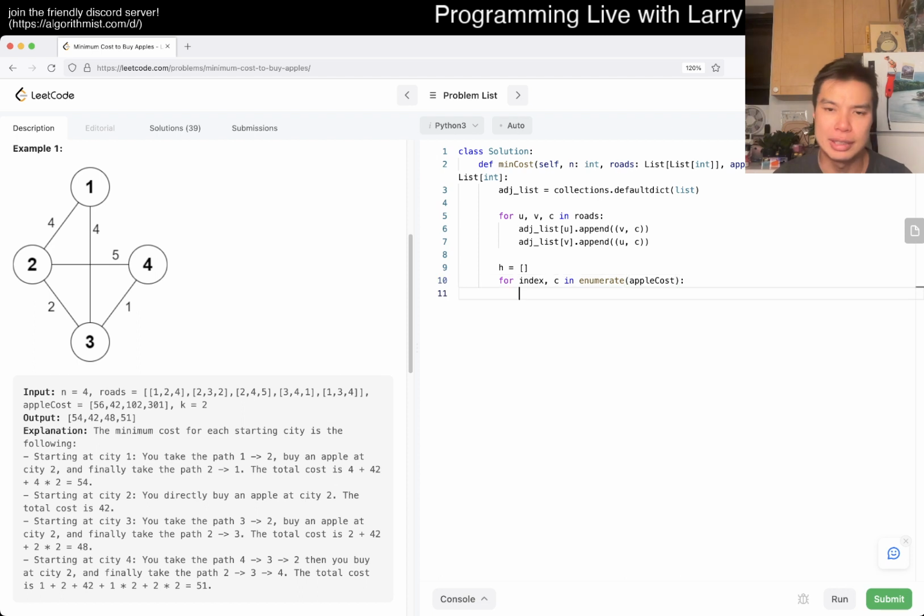Right, and then the idea here is that we push to the heap the cost and the node, and that's it, I guess. And then the apple, oh yeah, that's already in here.